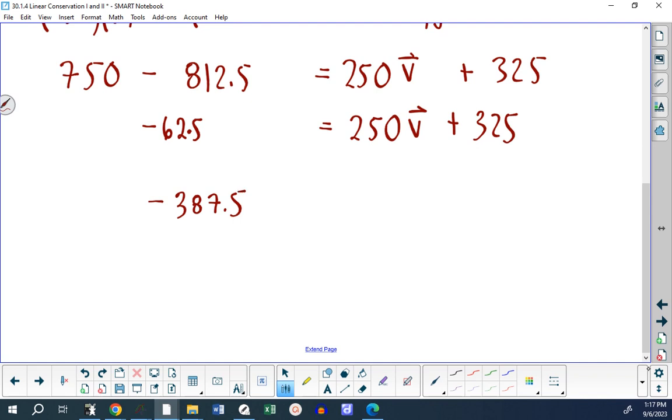Equals 250 V. Divide both sides by 250 and get negative 1 point, I want to say 1.3. 1.55. Okay. Do the decimals terminate there, Alex, just to make sure? Okay, so negative 1.55 meters per second. And that's how we find Joule's speed after the collision.